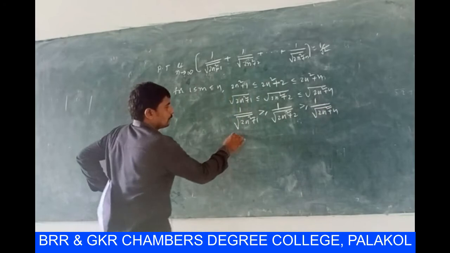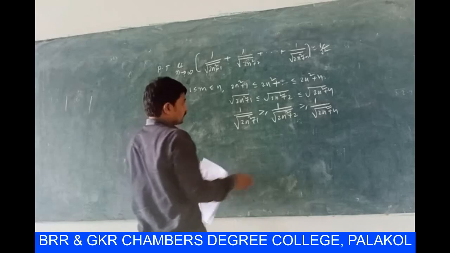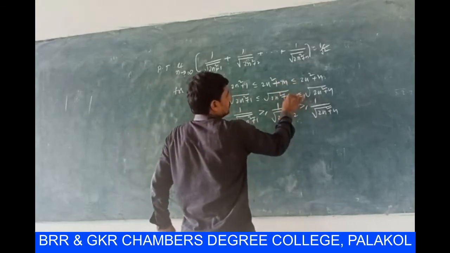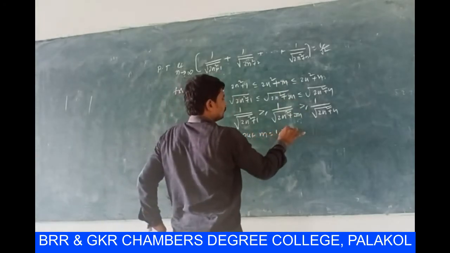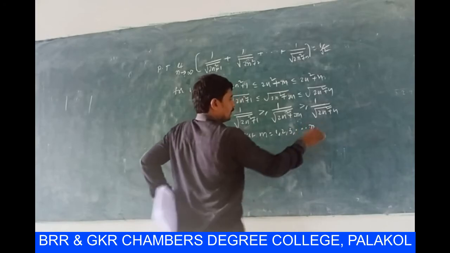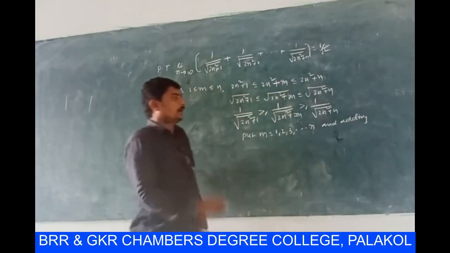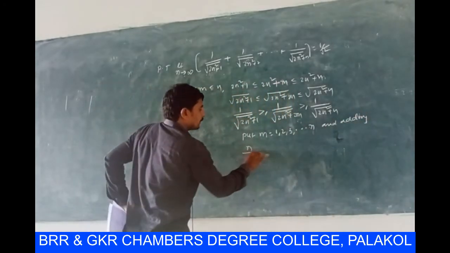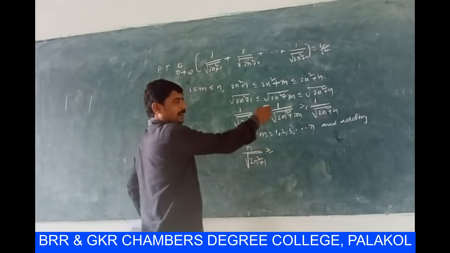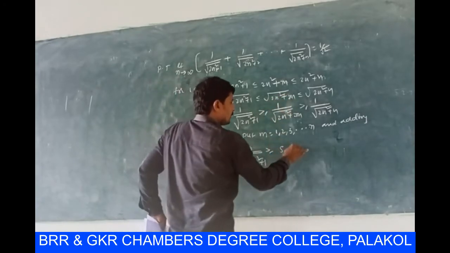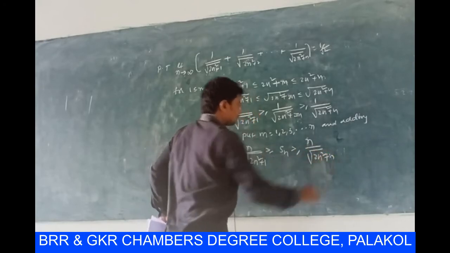Now this is m actually, the value is 2n square plus m. Put m is equal to 1, 2, 3 and so on to n and adding all these terms, it implies that n by root of 2n square plus 1 is greater than or equal to Sn, which is greater than or equal to n by root of 2n square plus n.